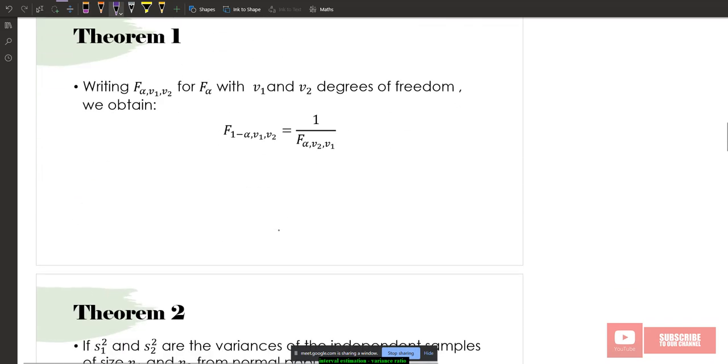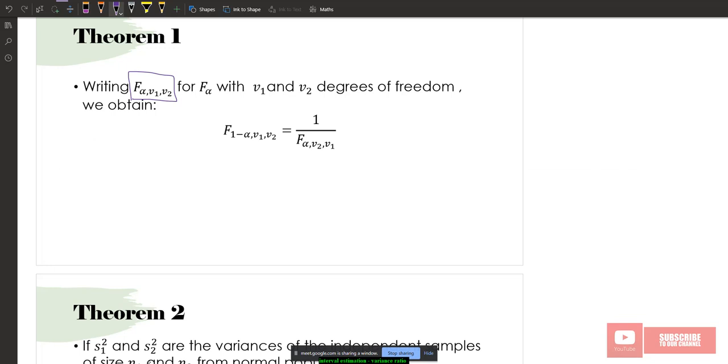Now look at theorem number 1. It says that when you have f alpha with v1 and v2 degrees of freedom, we can get f 1 minus alpha, v1 and v2, by dividing 1 over f alpha, v2 and v1.